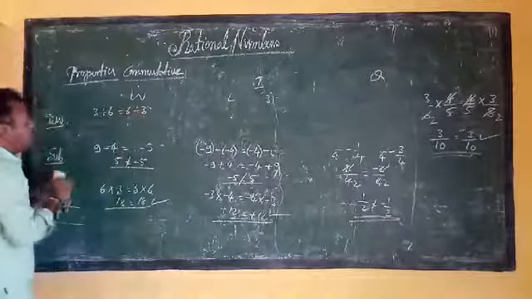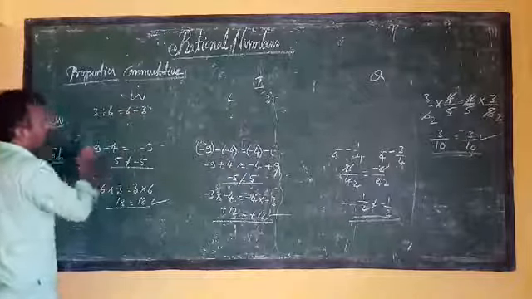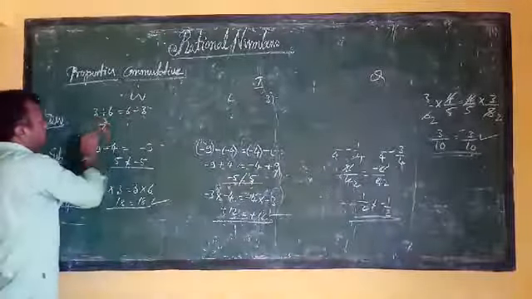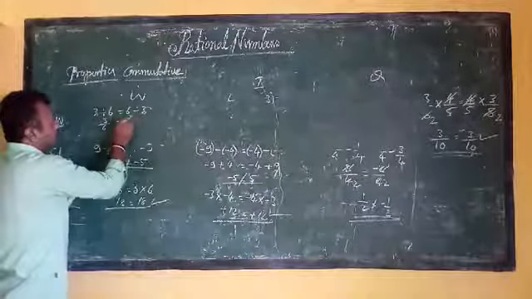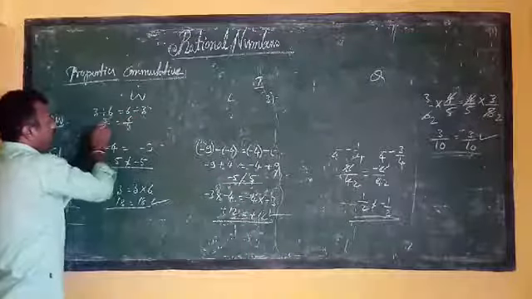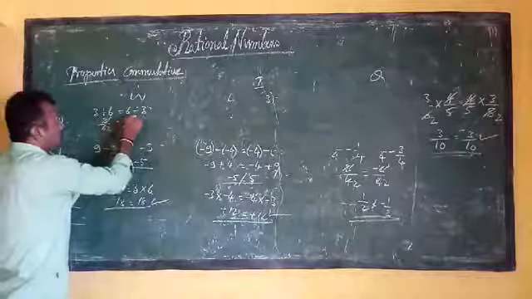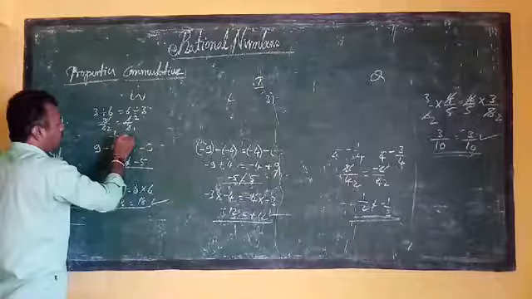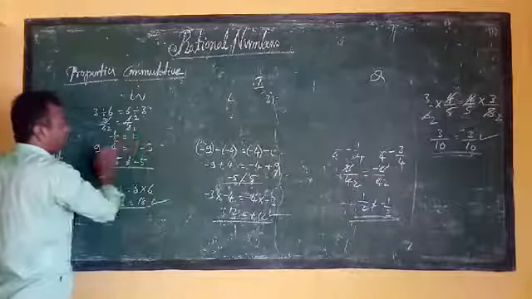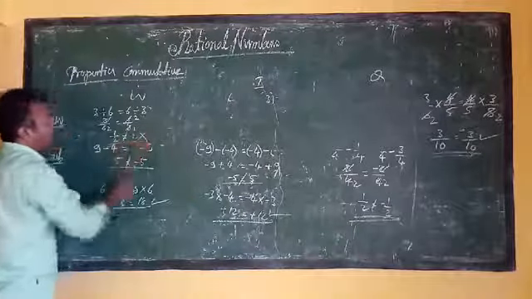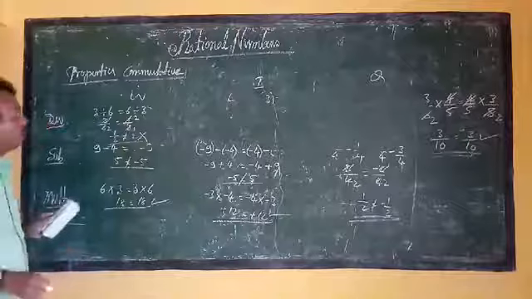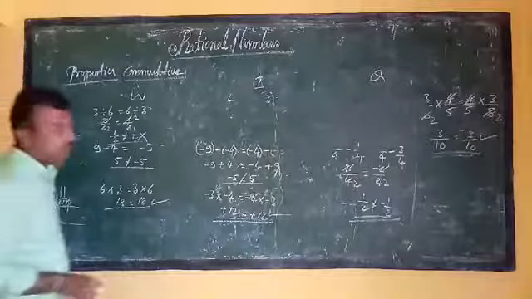So you have to divide in the different order. 3 divided by 6 is nothing but 3 by 6. 6 divided by 3 is nothing but 6 by 3. So 3 ones are 3, 3 twos are 6, it is equal to 1 by 2, which is not equal to 2 by 1, or 2. Therefore, the commutative property of whole numbers does not satisfy under division.